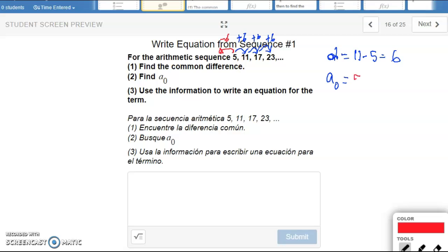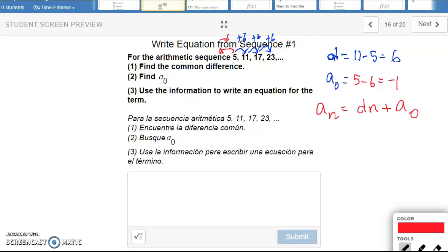So that's going to be 5 take away 6, that's going to be negative 1. So we figured out the common difference is 6 and the zeroth term is negative 1. So substituting that into A sub n is equal to D times n plus A sub 0.